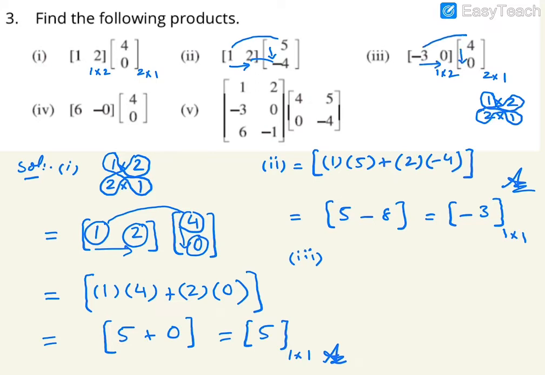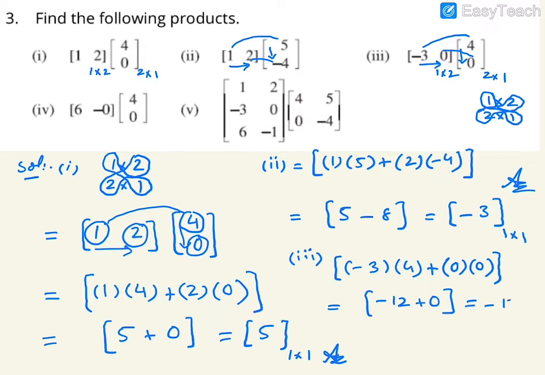The first element of the row will multiply with the first element of the column, and the second element of the row will be multiplied with the second element of the column. So minus 3 into 4 plus 0 into 0. This is the process of multiplication. Minus 12 plus 0, which will be minus 12. Order is 1 into 1. So this is your answer.